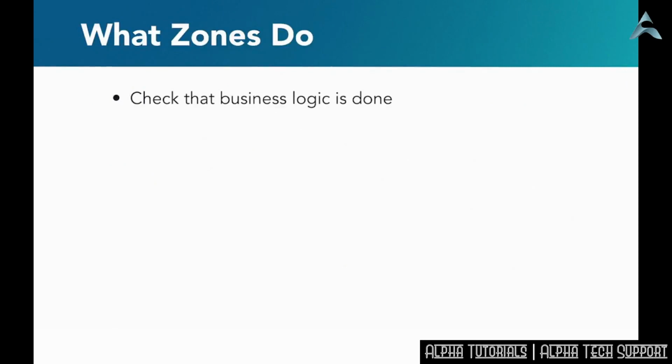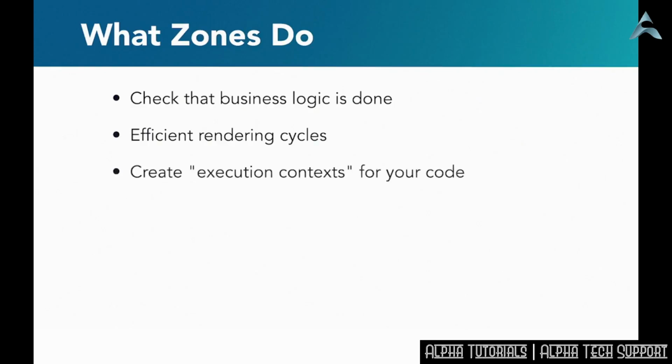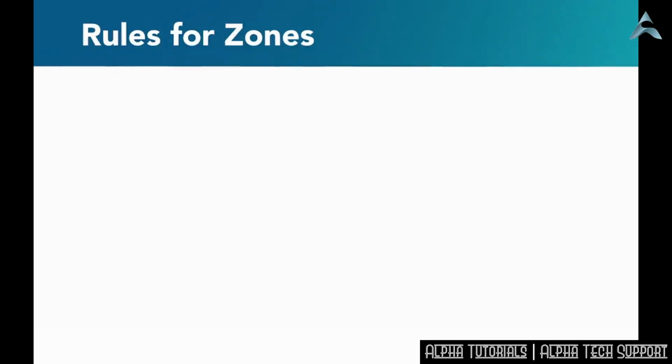This ensures that DOM updates happen at the most efficient point in the rendering cycle. Zones work by creating a scoped container that groups a chunk of code together even if that code executes asynchronously. These chunks are called execution contexts. There can be only one zone per stack, and all code on a given stack executes in the same zone.